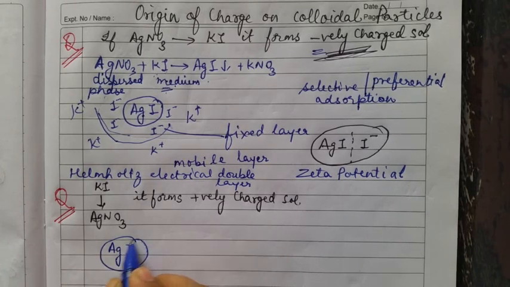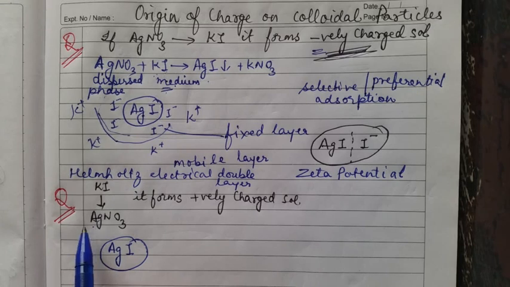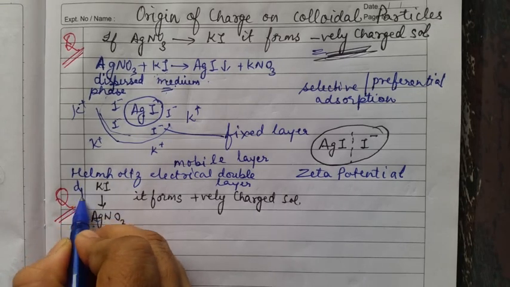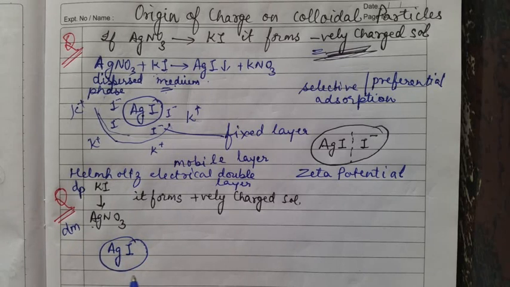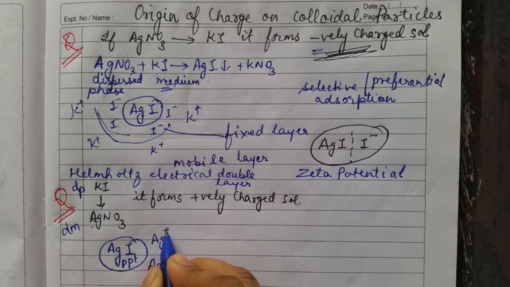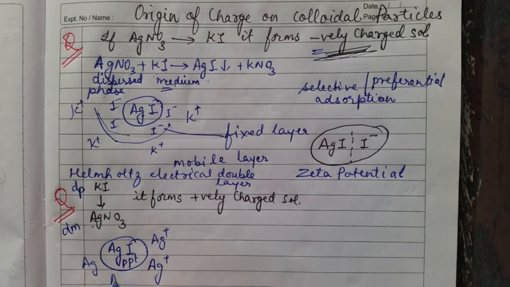This is the dispersed phase, and silver nitrate is the medium. Between the precipitate and the medium, Ag plus was common. A number of Ag plus ions will surround the precipitate.